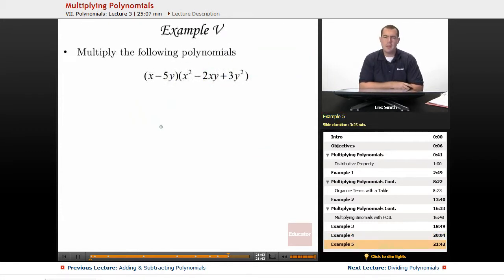All right, one more example, and this one's a little bit larger one. In fact, the second polynomial in here is a trinomial, so we will not be able to use the method of FOIL. That's okay. We'll still be able to multiply it together, but I'll definitely use something like a table to help me organize my information a little bit better.